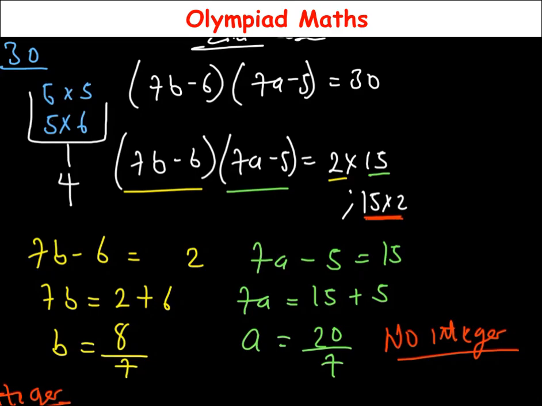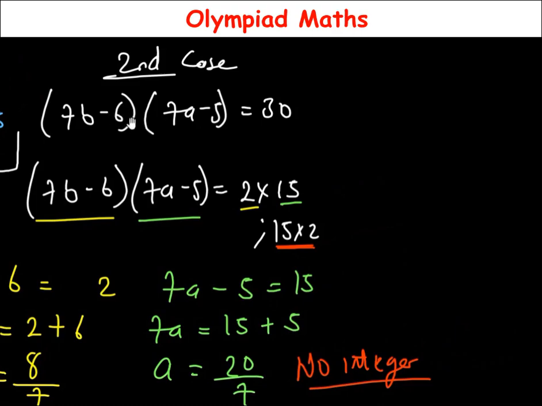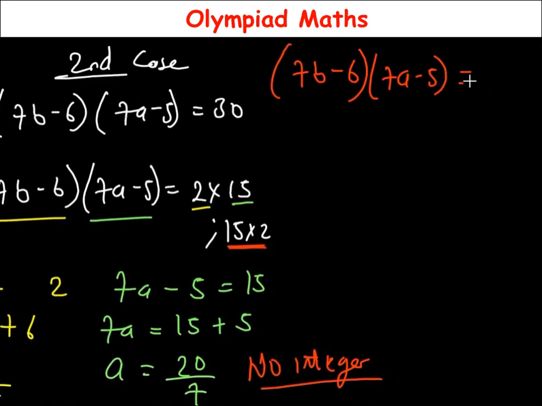So from the equation 7b minus 6 multiplied by 7a minus 5 is equal to 30, it will now become 7b minus 6 multiplied by 7a minus 5 is equal to 15 times 2.